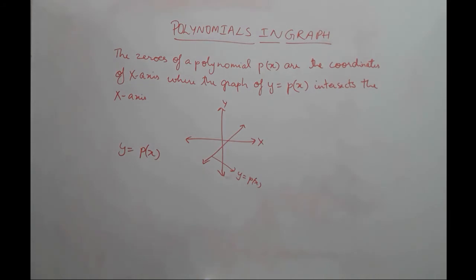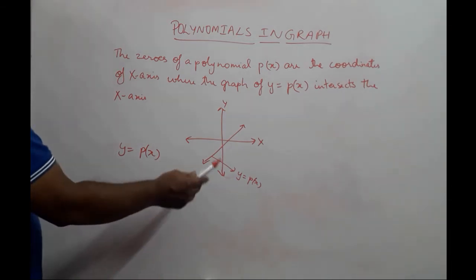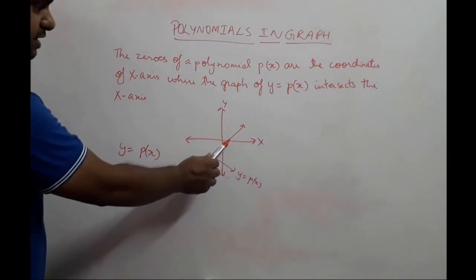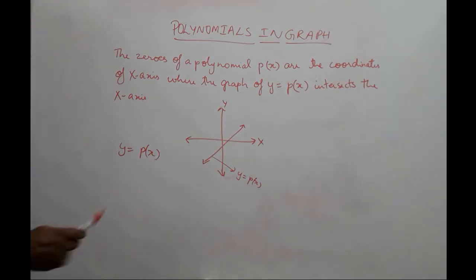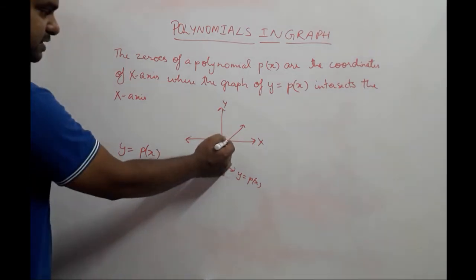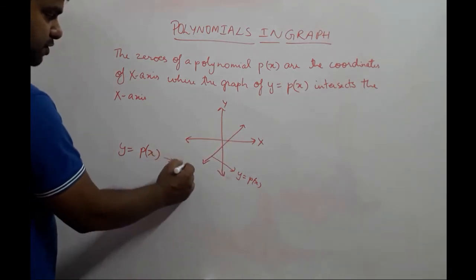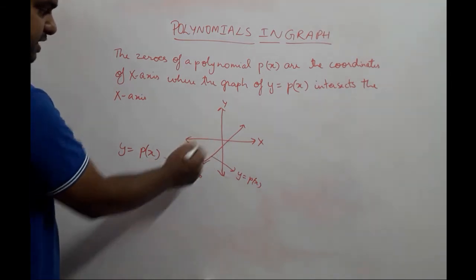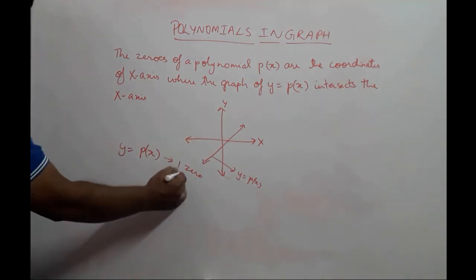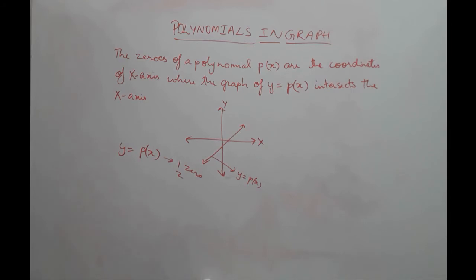So this equation will have a zero on the x-axis because it is intersecting the x-axis at a point. If it intersects the x-axis at one point, then that particular equation will have 1 zero. If it intersects at 2 points, then it will have 2. And if it intersects at more than 2, it will have those many. So depending on the number of intersections, it will have those many zeros.